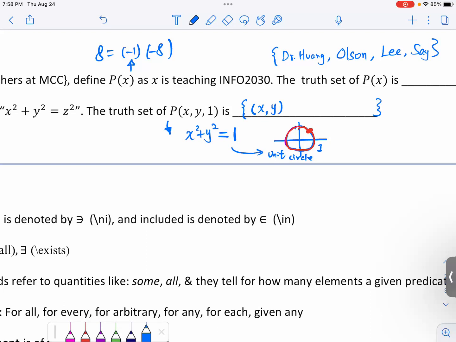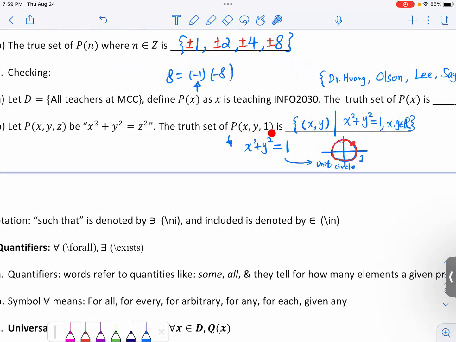And the vertical bar means this ordered pair has the following property, such that x squared plus y squared equals 1, where x and y are real numbers. So that's how I would represent the truth set of this predicate.